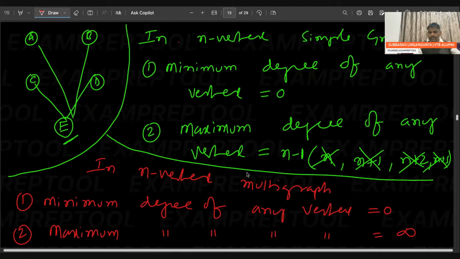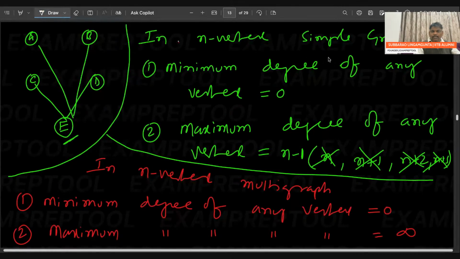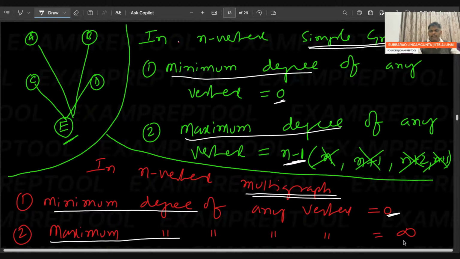In an n-vertex simple graph, meaning no self loop, no parallel edges, minimum degree 0, maximum degree n minus 1. Next one, multi-graph: minimum degree 0, maximum degree infinite. In my opinion, everyone got it.